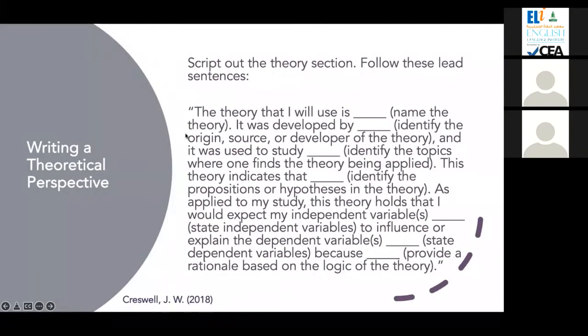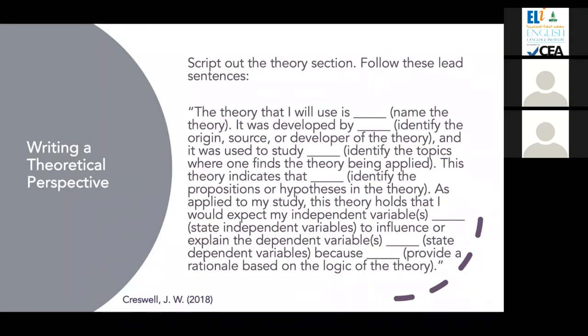So this is a script or a template that can be used for any type of research, across disciplines, to present the theoretical framework. I'm going to read it here with you. The theory that I will use is, you write the name of the theory of your choice. It was developed by, you identify the origin, the source, or the developer, the name of the theorist.